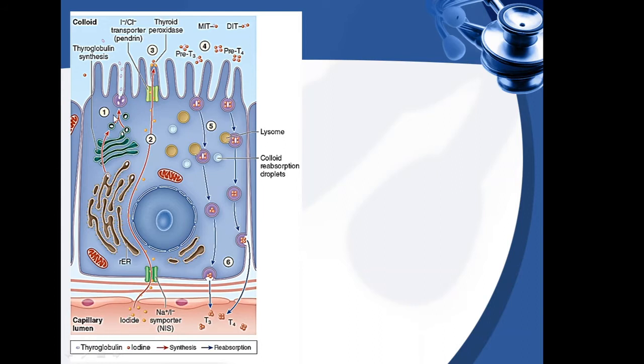So, in the first step, the rough endoplasmic reticulum synthesizes and packages or transports and packages thyroglobulin into secretory vesicles, which can fuse with the colloidal membrane or the apical membrane of the follicular cell, and release the thyroglobulin into the colloidal region.